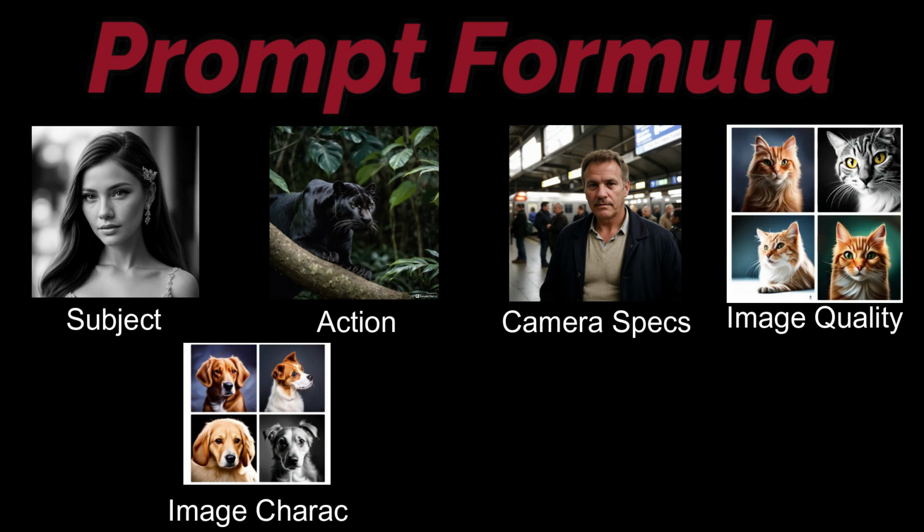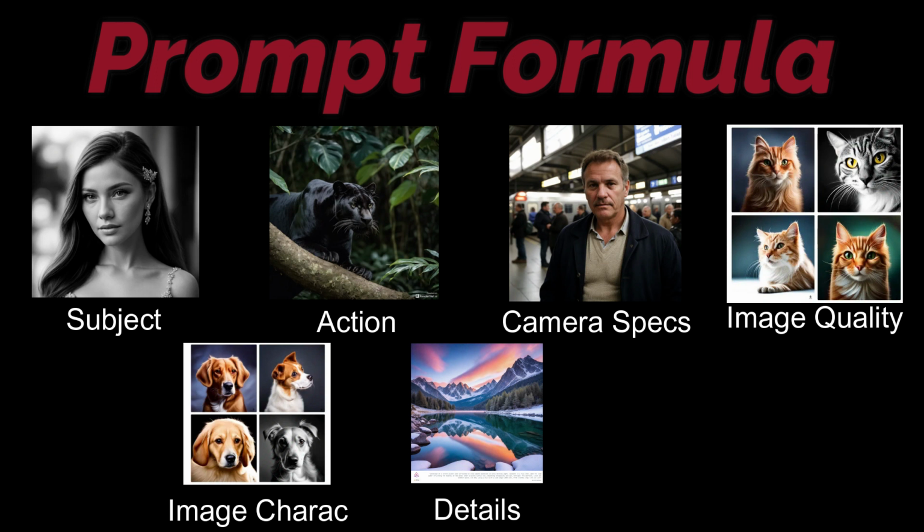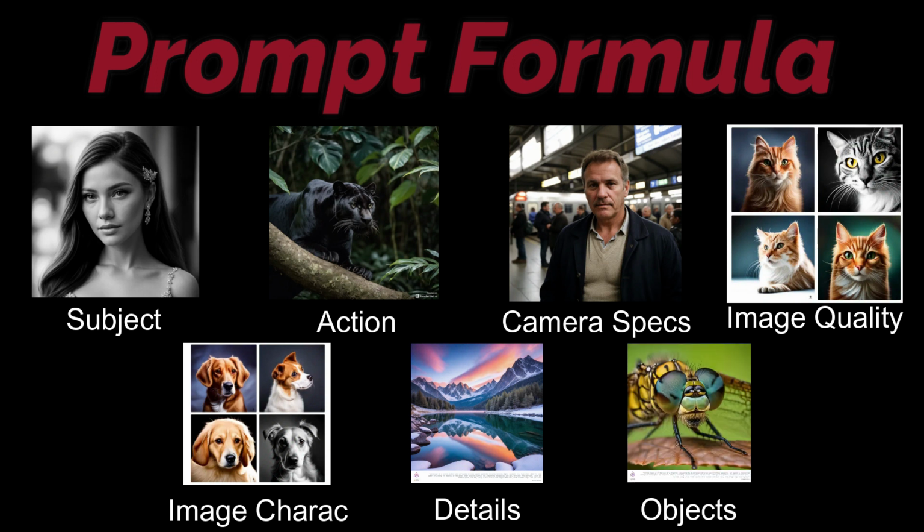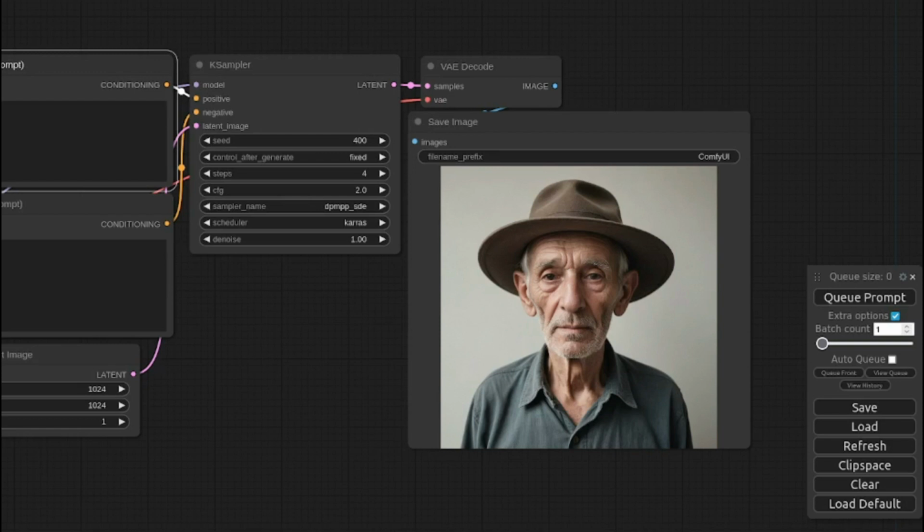And second last, details. And the last element is characters or objects. So yeah, there are in total 7 elements: subject, action, camera specifications, image quality, image characteristic, details, plus characters or objects, okay? So with the help of this, let's go ahead and create our perfect prompt out of this prompt formula, all right?